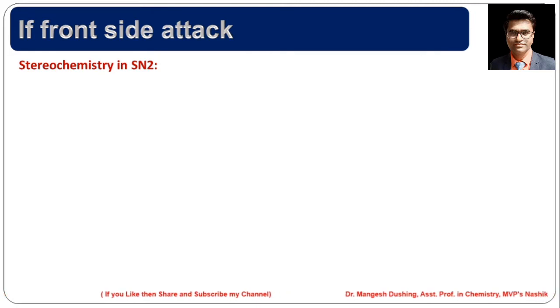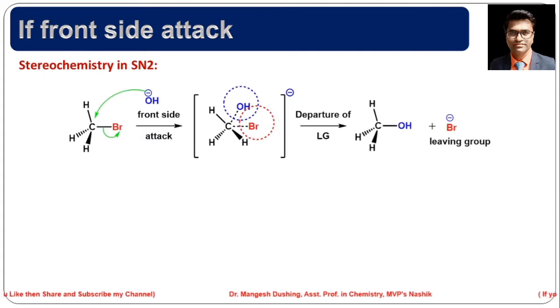Friends, what happens if the nucleophile comes from the front side? For example, hydrolysis of methyl bromide. Suppose this OH is coming from the front side, then this will be the transition state. Now this transition state will be very crowded, at a high energy level. After breakdown of this transition state and departure of the leaving group, we will get methyl alcohol.